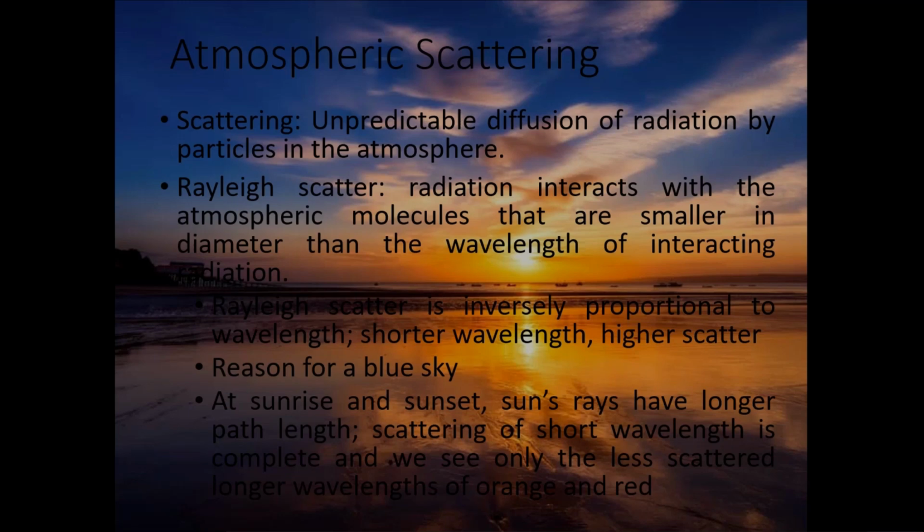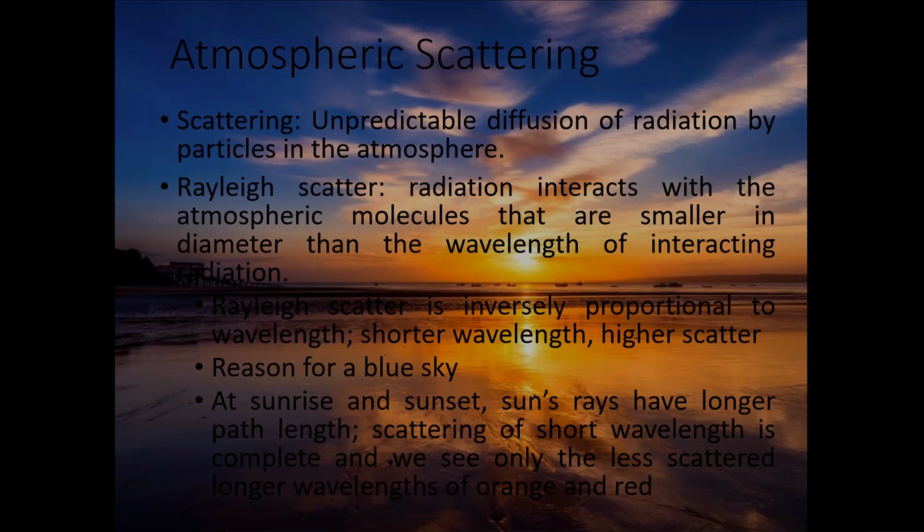You have observed that, right? During the daytime the sky appears kind of blue, and during the morning and the sunset it appears reddish. Do you know why? Have you observed it? Yes or no? So why does that happen?